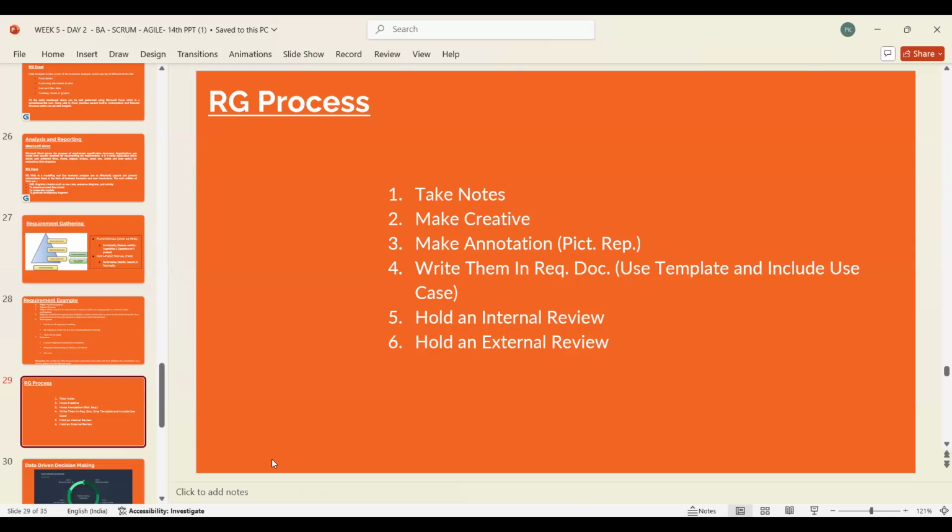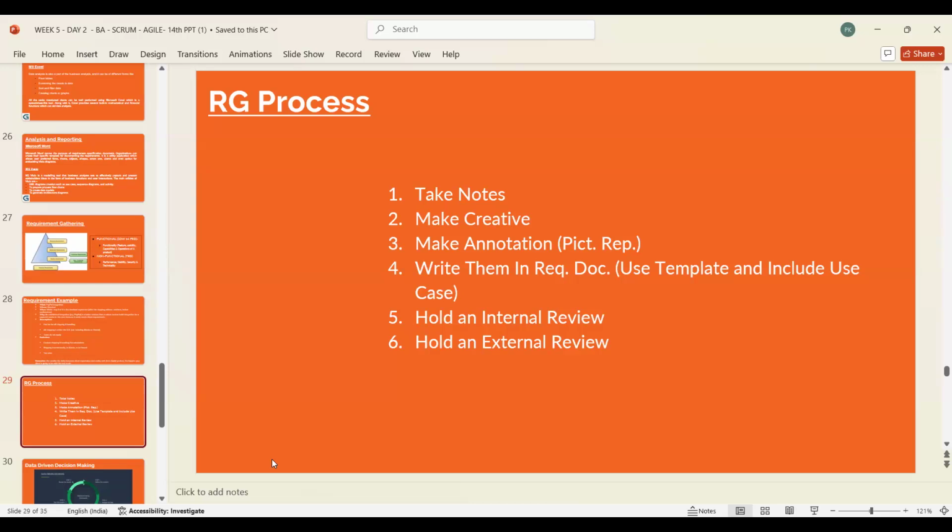Take notes. Make it creative. Make annotations. Write them in the required document.